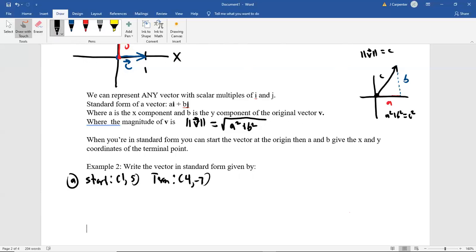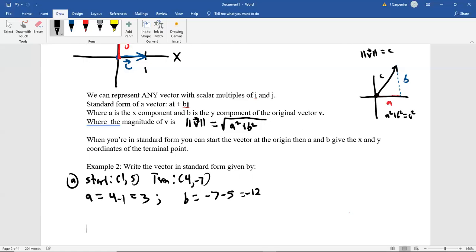So the x component, which we call a, is the difference of the x coordinates, 4 minus 1, which is 3, and you have to go ending minus starting. You cannot swap the order for vectors. That is critical. So there's your x component. Your b is the difference of the y's, which is ending -7 minus starting positive 5. -7 minus 5 is -12.